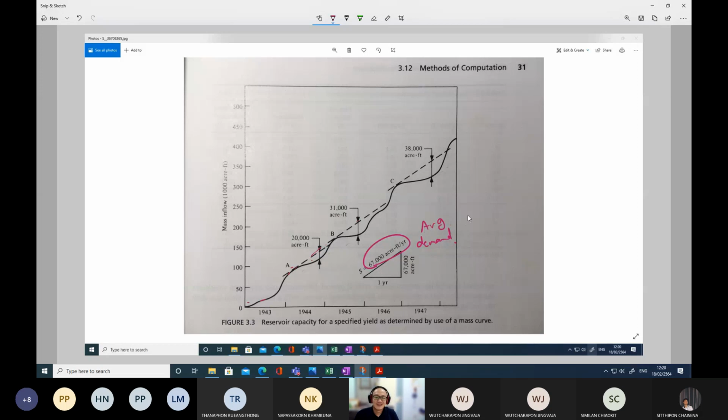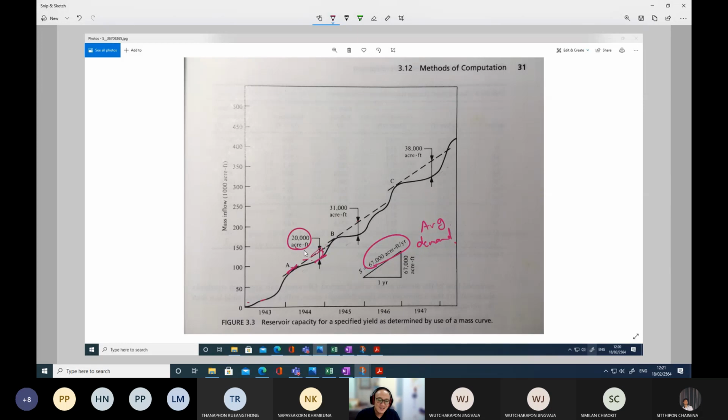Okay. So according to the procedure that I have just recommended, the maximum vertical distance of the tangent is equivalent to the storage volume. Here in this graph, there may be many vertical tangents.